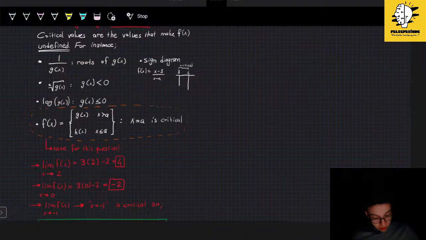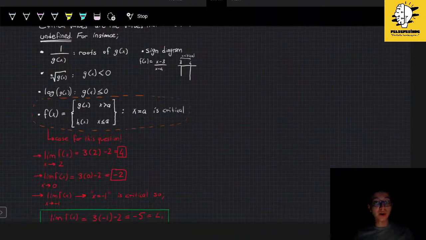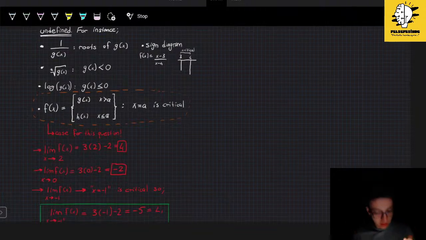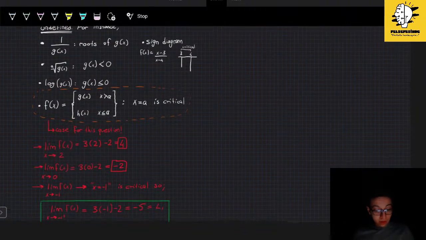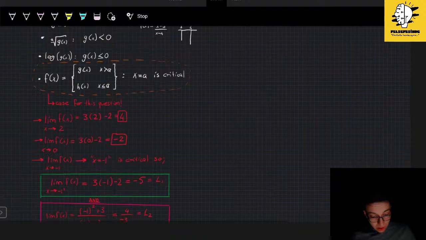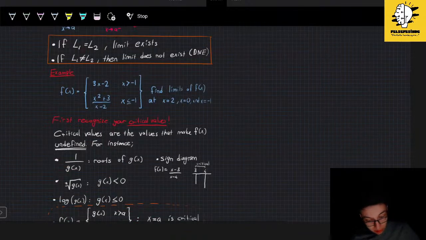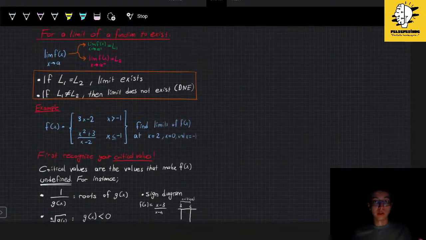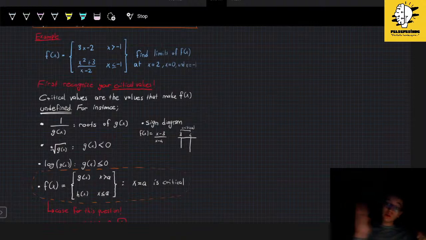However, we see that x approaches minus 1 in the third part. However, x equal to minus 1 is a critical value, as we mentioned in this orange box over here, since it makes it undefined. Hence, we have to use the condition that we have mentioned in the very first orange box. We have to check for two conditions. The first one is x approaches a plus and x approaches a minus, meaning that we will try to approach from both the left side and also the right side.